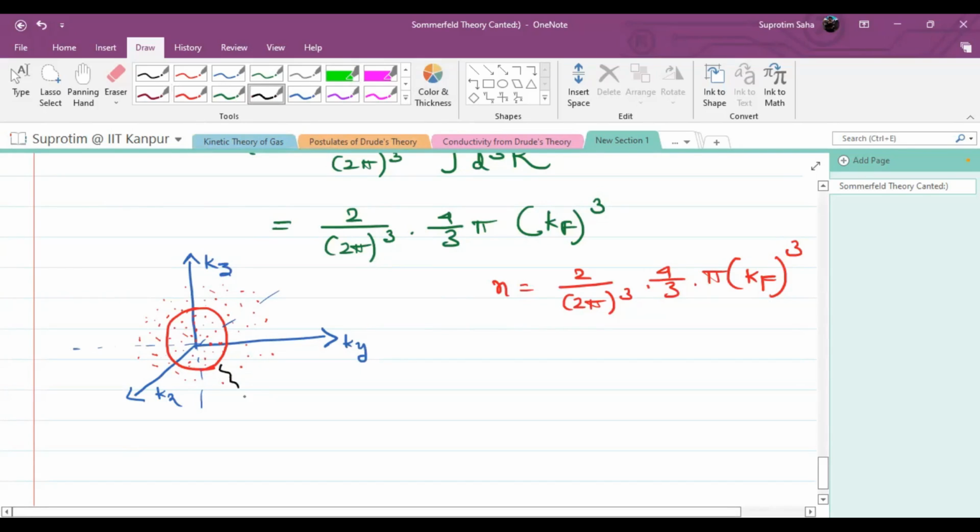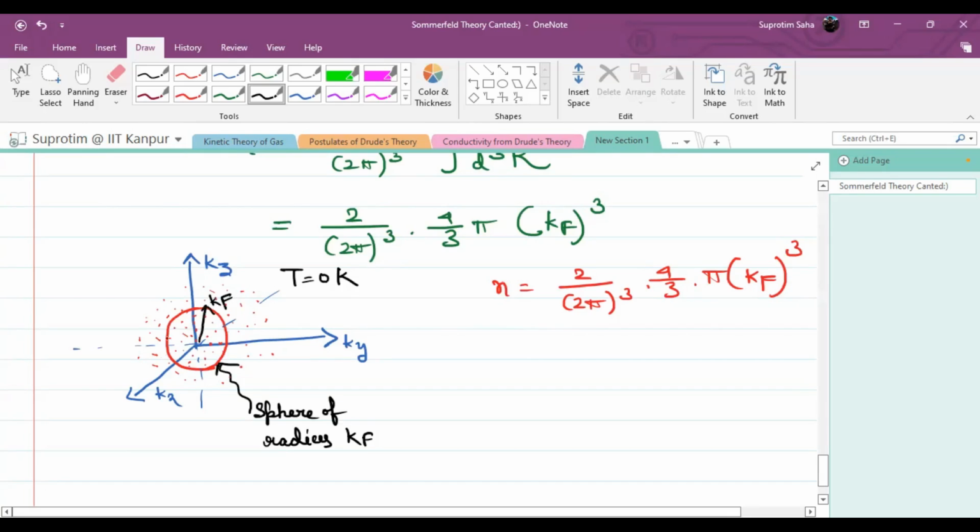In real space, we used to calculate the volume of a normal sphere. Similarly, in this case, we are calculating the volume of a sphere of radius kF in k space, and this is at T equals 0 Kelvin.